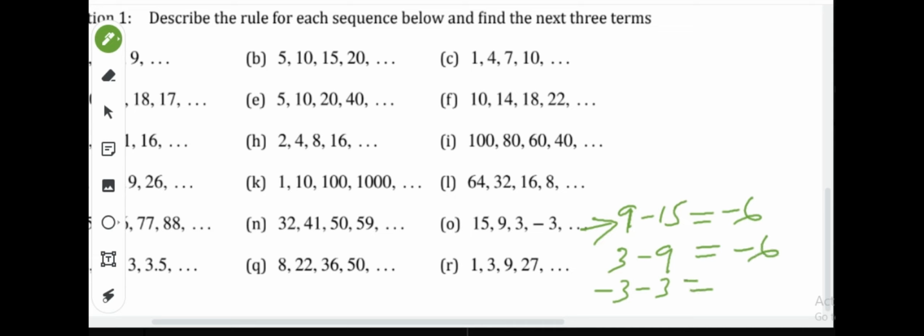Minus 3 minus 3 is minus 6. So whichever one we use, you will get the same common difference.